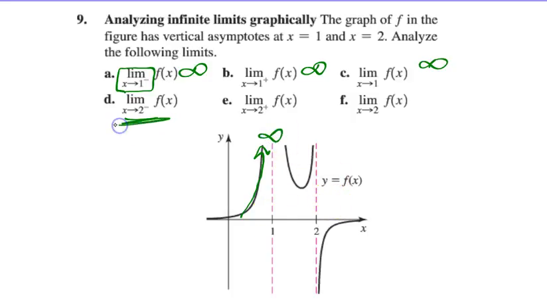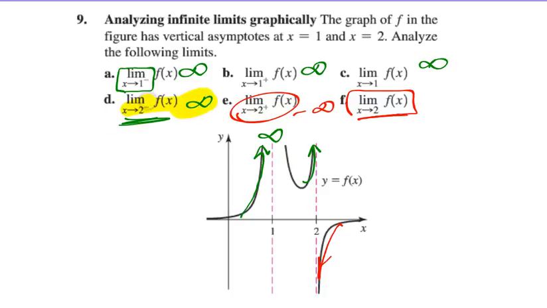This says 2 from the left, so that's also going to positive infinity. This one says 2 to the right, so that's here, so that would be negative infinity. And since the left did not equal the right, in order for the limit to exist, here's your left-hand limit, here's your right-hand limit. If the yellow does not equal the blue, then the limit does not exist.